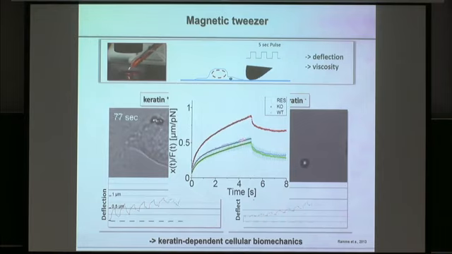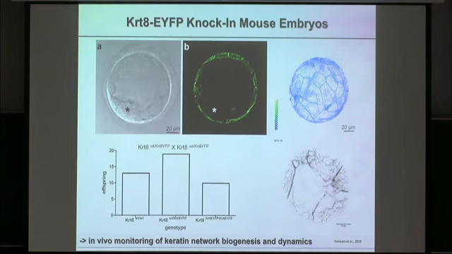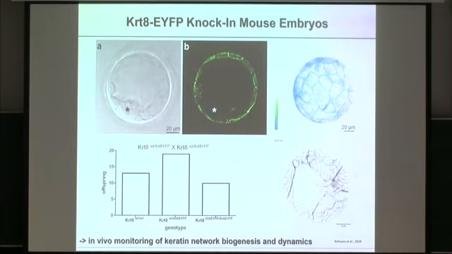This is the wild type, this is the mutant, and we can actually rescue this phenotype by introducing intermediate filaments into these cells, in this case keratin intermediate filaments.